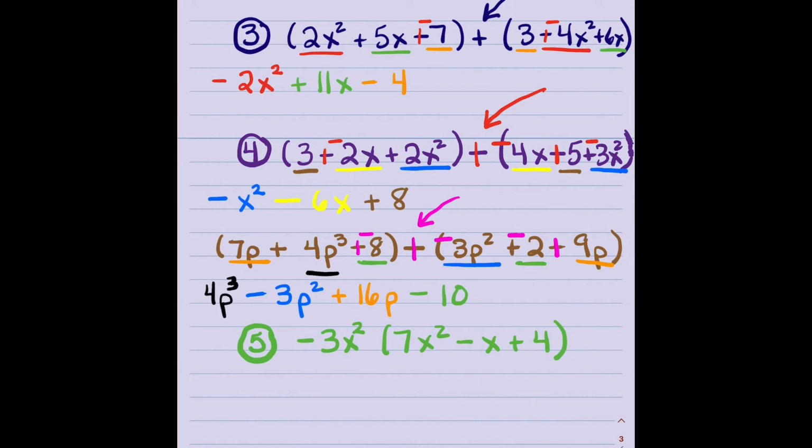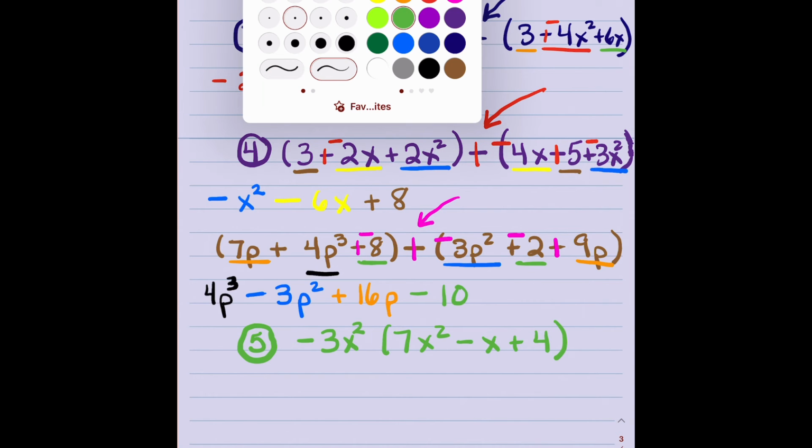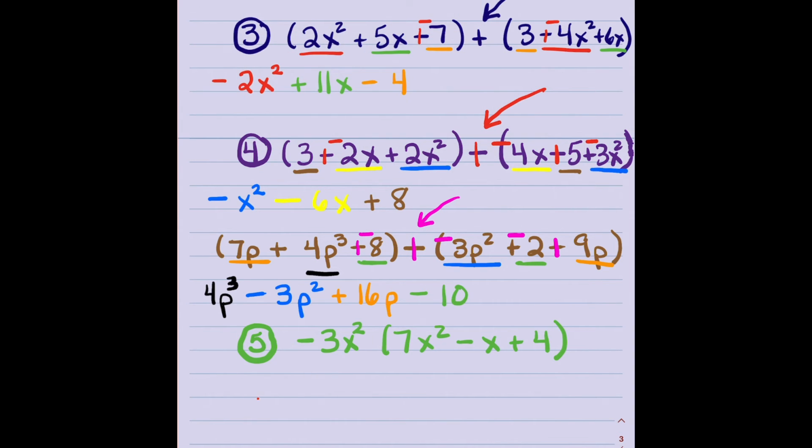Now, let's look here. This doesn't have anything between the -3x squared and the parentheses. That means multiplication. So in order to multiply, I have to use the distributive property because I have a whole lot of stuff going on here in the parentheses that can't be combined.